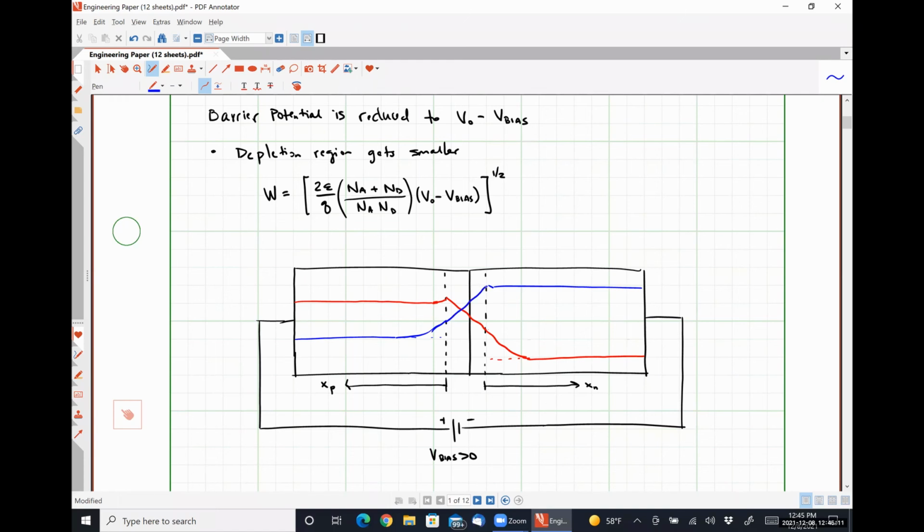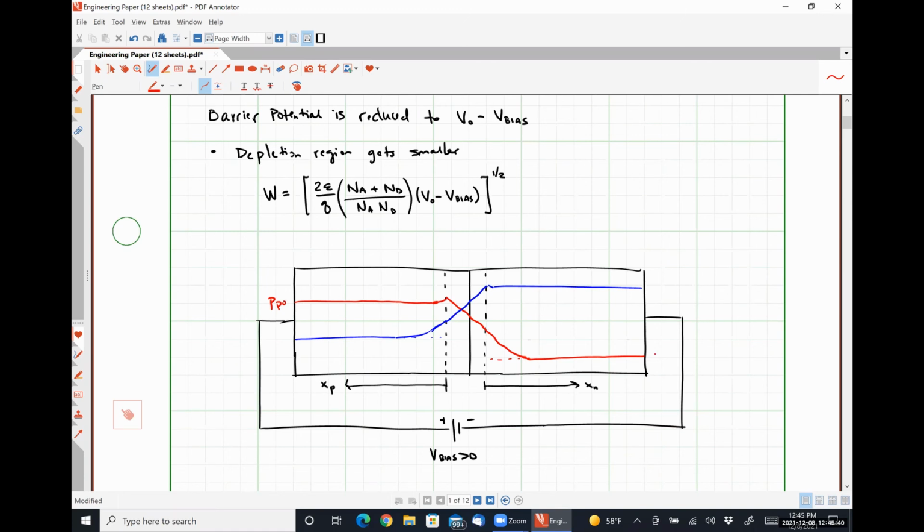So a couple of different things that I need to make note of here, all right? Over here on the left-hand edge of the crystal, we still have our unbiased thermal equilibrium hole concentration.